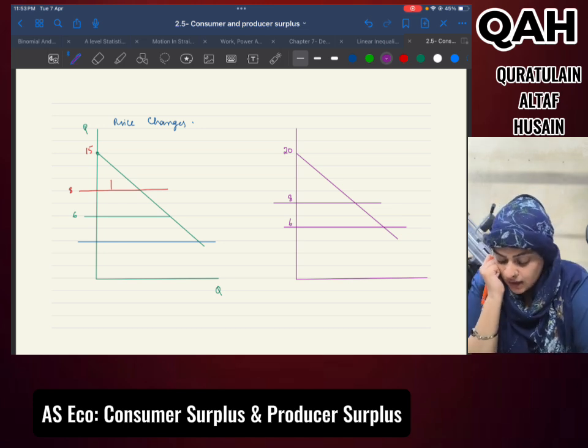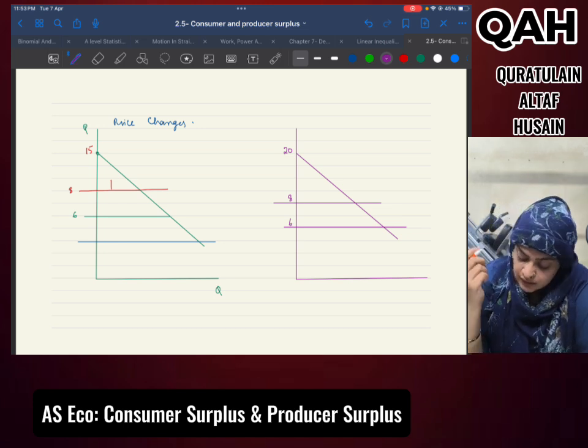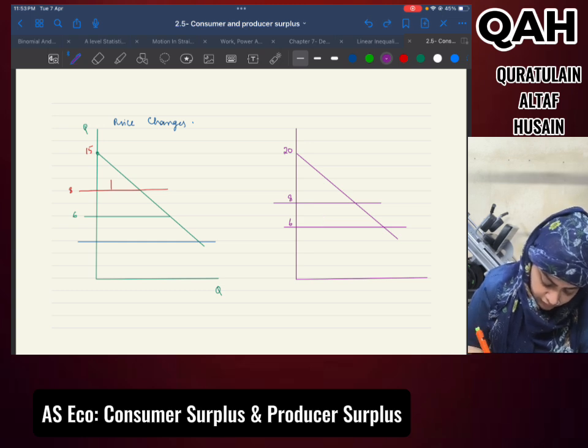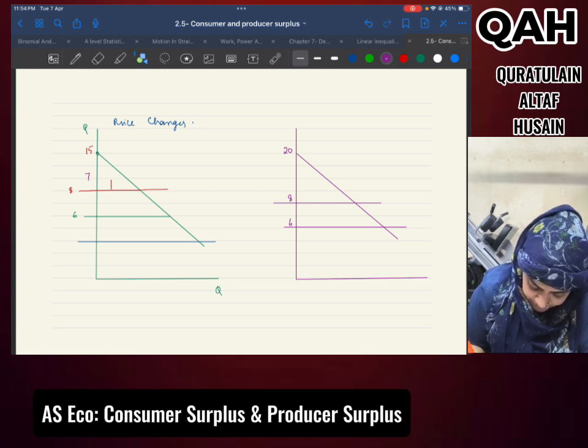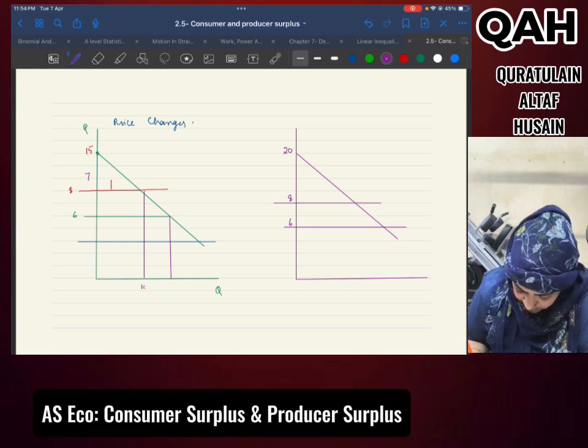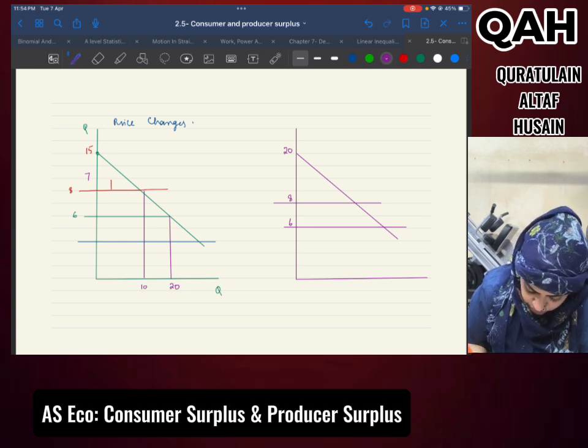We said area above the price and below the demand curve. So here 15, the difference between 8 and 15 is 7, and this is say 10, and this is say 20. So half into 10 into 7 is equal to 35.